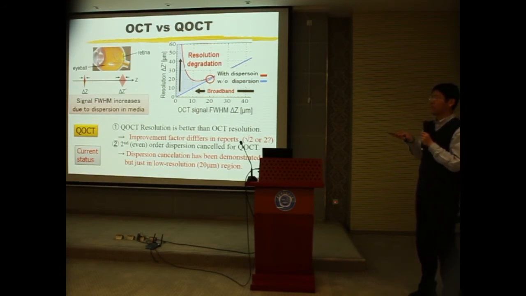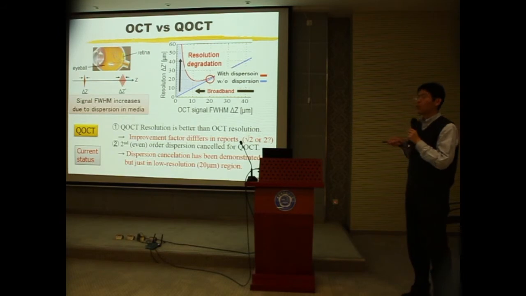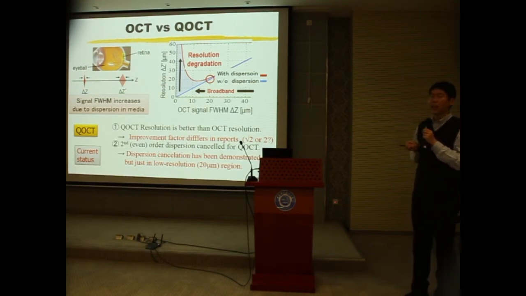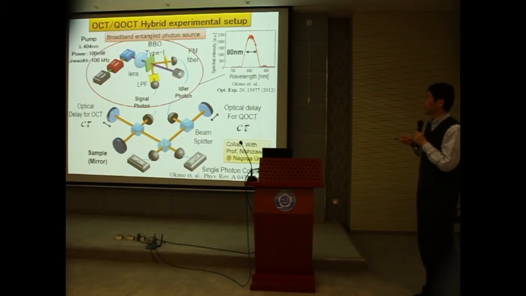We also demonstrated the change of factors using different types of spectral bandwidth. And we also found that the line width of the pump laser for parametric fluorescence is very important if you are going into the very high resolution region.